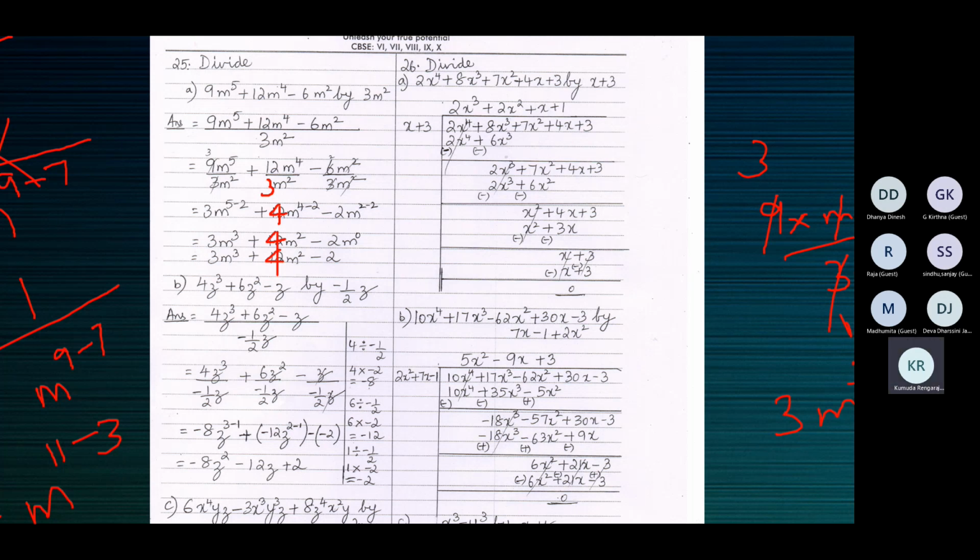You're dividing an expression by a single term, by a monomial. So you must divide every term in the numerator by that monomial, that single term in the denominator.